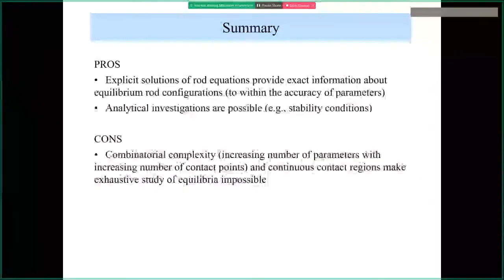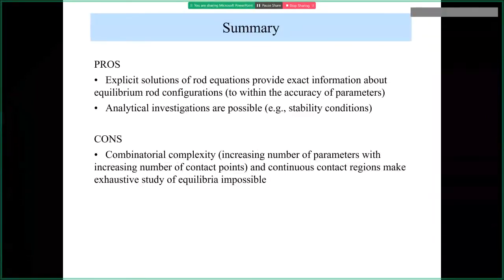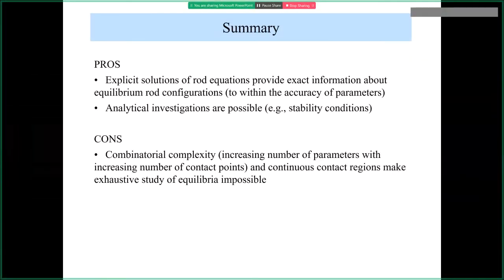So with this type of theory, we can address the equilibrium configurations. We can do analysis, for example, derive stability conditions. But analyzing the full space of equilibrium configurations is prohibitively expensive, because you have to locate every point of contact, and with the number of contacts, that grows the number of equations in your system.